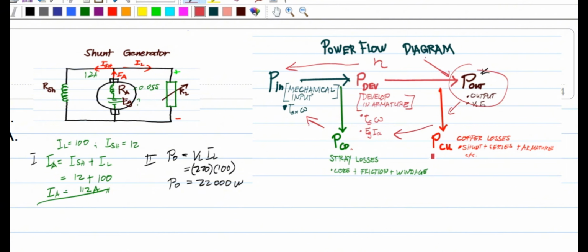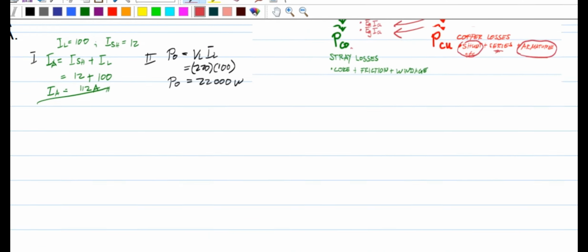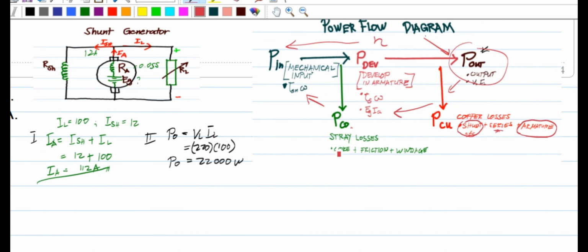We can find the copper loss by finding the loss in the shunt, in the series, and in the armature. But in this question, there is no series field winding. Therefore, we can find the copper loss of the shunt and the armature winding. Then the core loss, we have the core and friction or the stray losses.